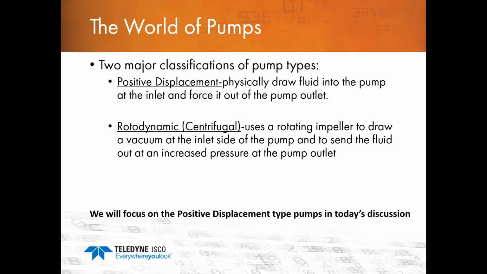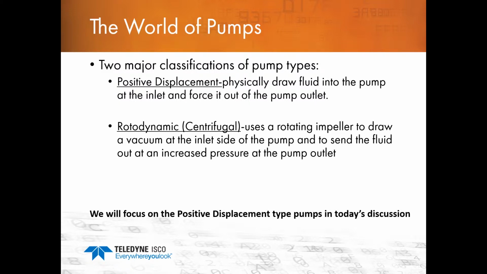Two major classifications, like I said: the positive displacement, which physically draws fluid into the pump and then forces it out of the pump itself. So it's pull in, push out, pull in, push out. Or rotodynamic, which is just creating a vacuum on the inlet side of the pump and sending the fluid out at a higher pressure. Okay, so we're going to focus on positive displacement today.